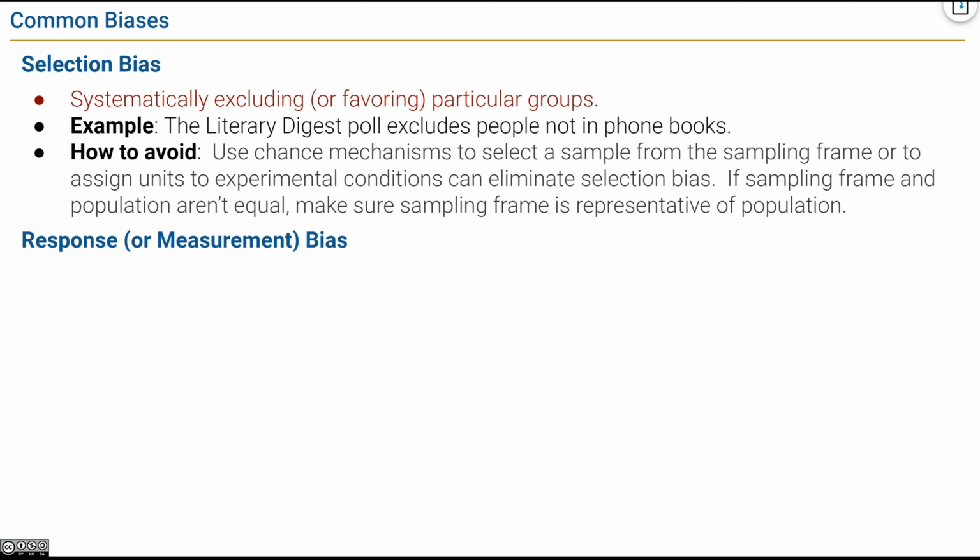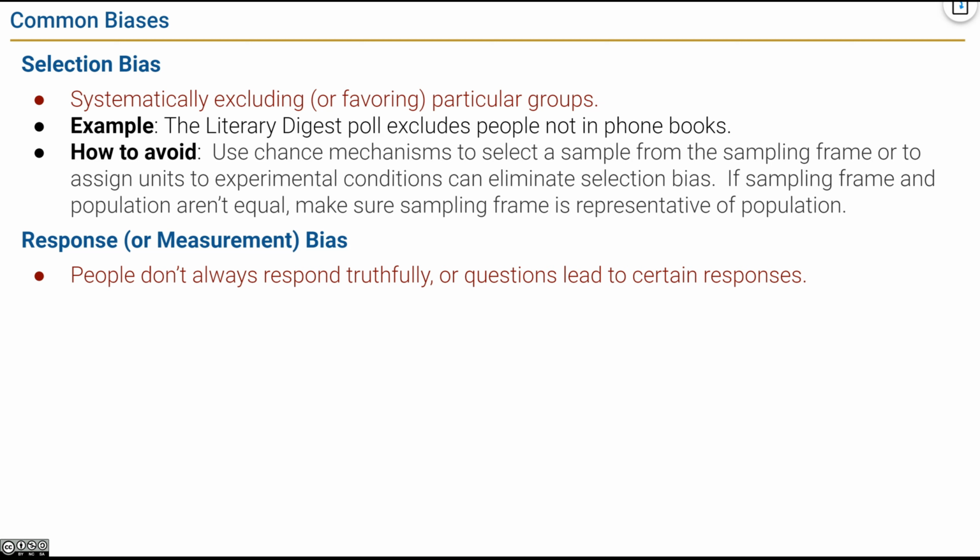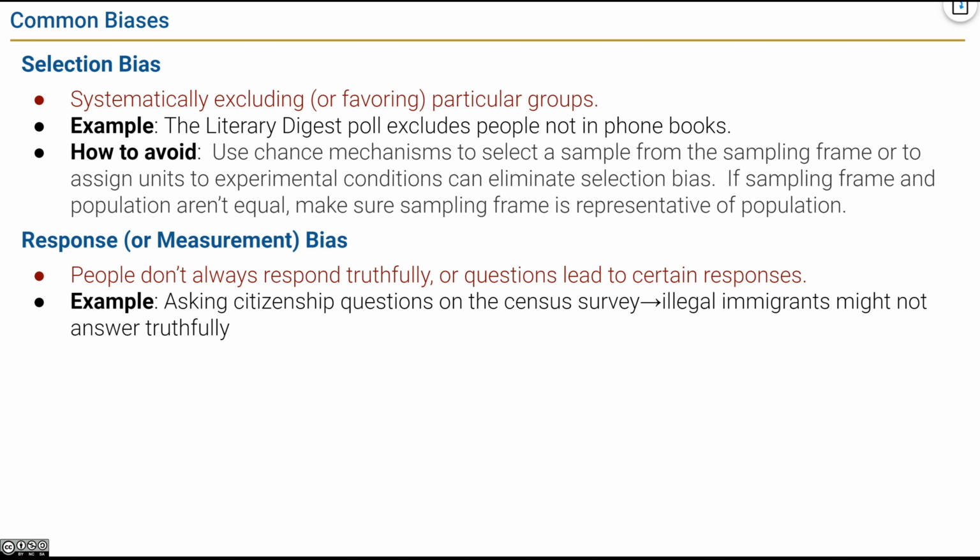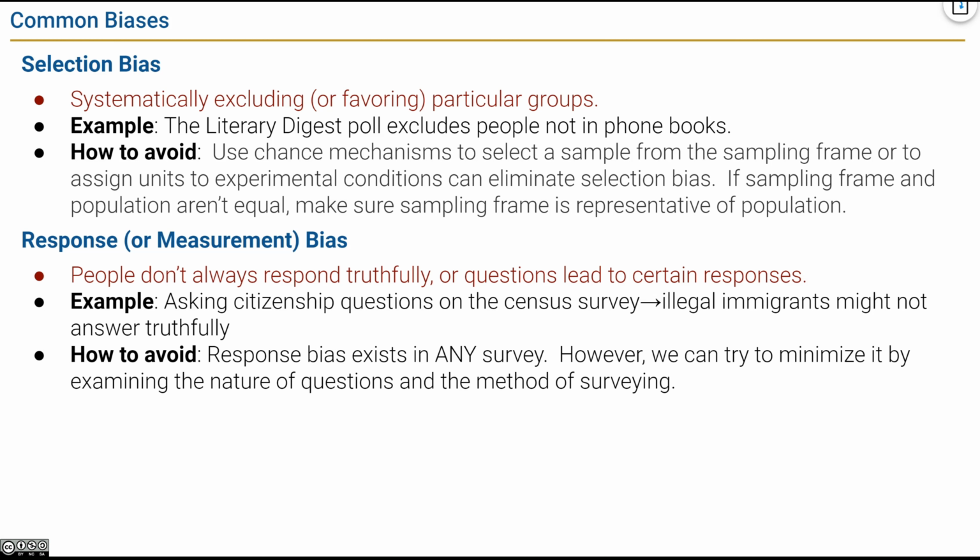Another common bias is response or measurement bias. That's the fact that people don't always respond truthfully, or questions can lead people to move towards a certain type of response. An example would be asking citizenship questions on a census survey. This may lead certain people not to answer truthfully.